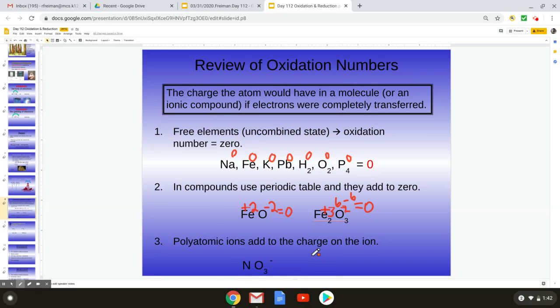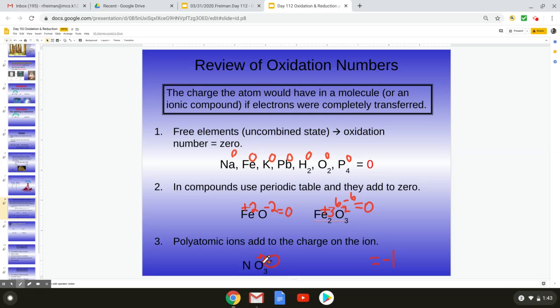For polyatomic ions, it's the same thing, except we add up to the charge of the ion. In NO3 -1, the whole ion has a charge of -1. So the whole thing has to add up to that -1. We're not adding it to 0. It's an ion because it has a charge. Oxygen is always -2. You're always going to have oxygen in there, so that's going to make it easier on you. We know it's -2.